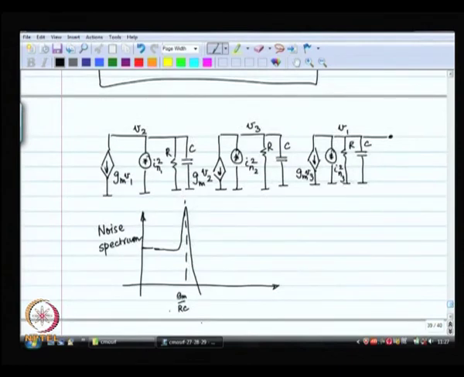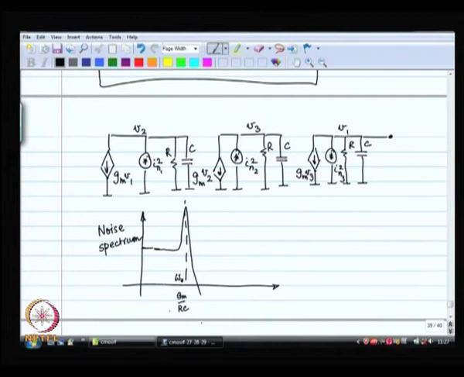At the frequency of oscillation, the noise is going to shoot up, but what I want to suggest over here is that if you do a small signal analysis of the noise, you are going to find out that there is going to be noise at DC. It is some sort of a low pass filter, okay, with a cutoff frequency of 1 by RC.